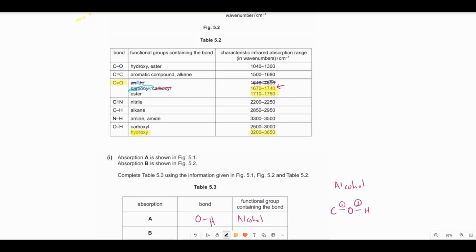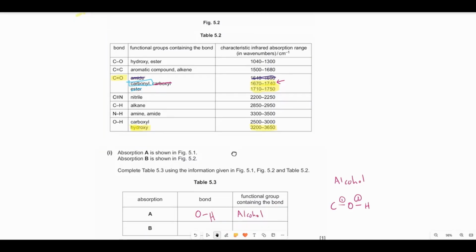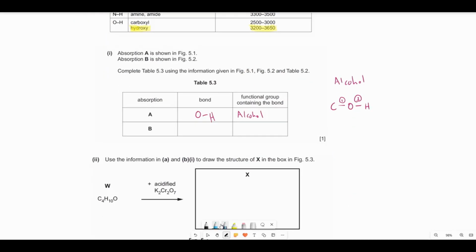So we're not going to put a ketone. We're not going to put an aldehyde. What we're going to put in our answer is what it says on here, which is carbonyl. So what is the functional group? It's a carbonyl functional group. What is the bond? It is the C double bond O bond in that carbonyl.